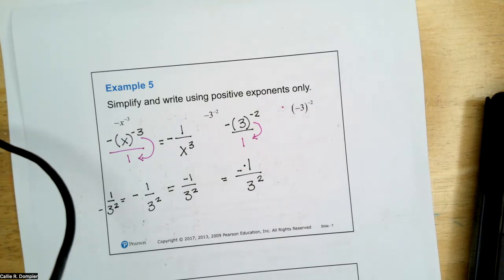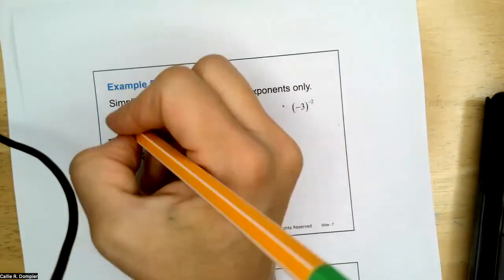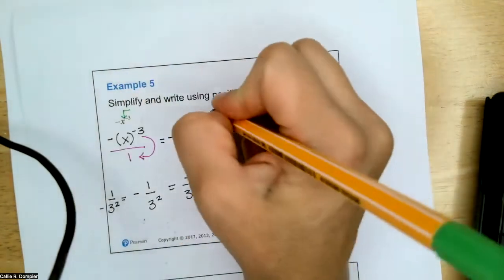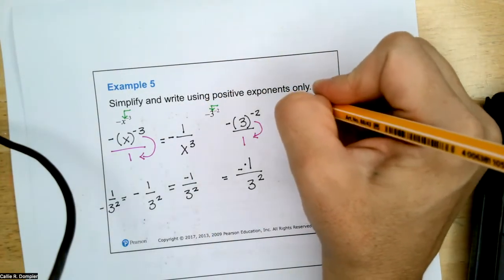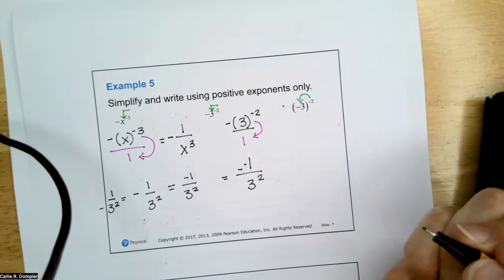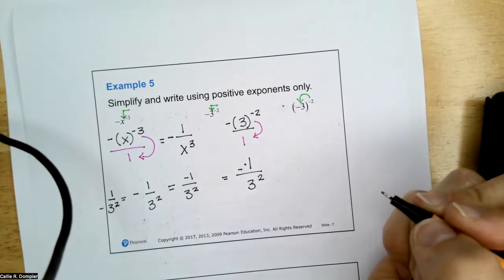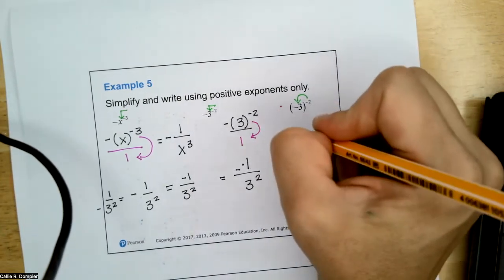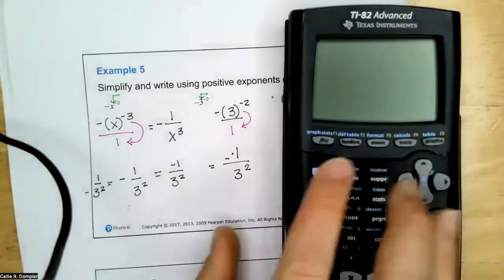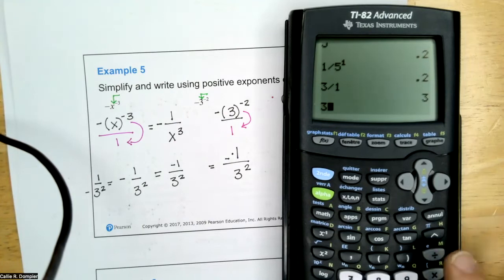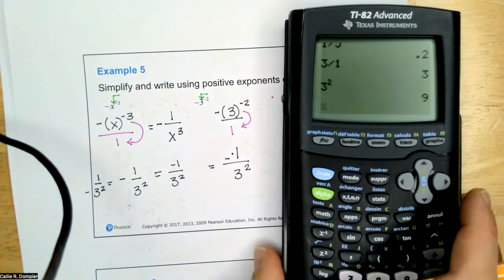But you do want to remember that you really only want to move the one term. This only goes with x. This only goes with the 3, not the negative. Now it's going to go with the -3. Oh, sorry, I can simplify this one further. -1 over 3 squared. 3 squared is 9, right?